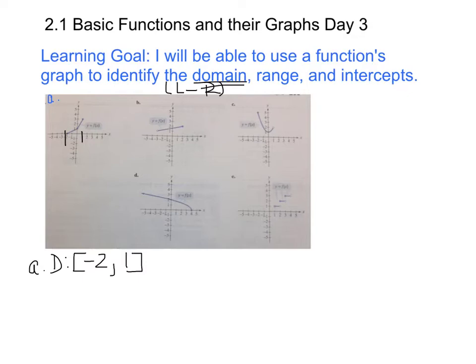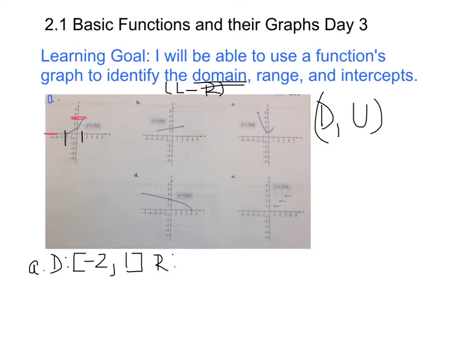Okay? And then your range is always up, or excuse me, I should say down, comma, up. Okay? So then you're going to look at the lowest to the highest.